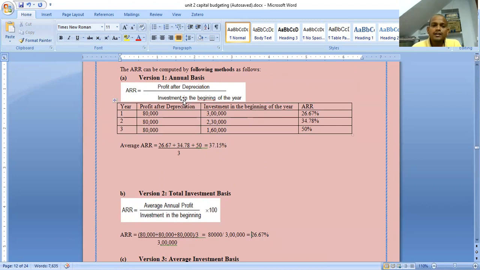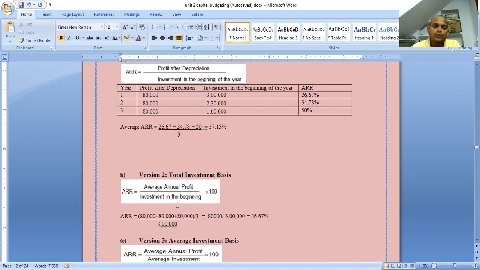If we consider only annual basis, annually we have to calculate the accounting rate of return. But here, total investment basis, total profits by investment in the beginning.